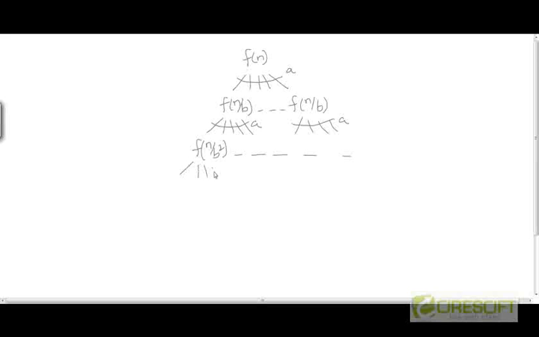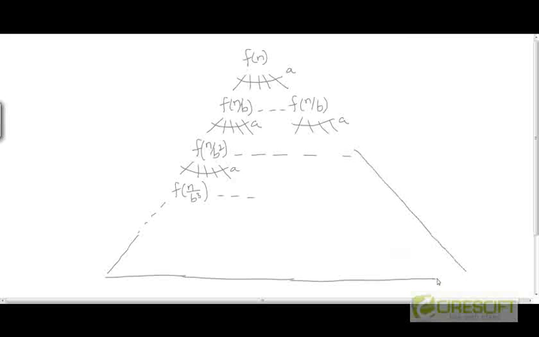And each of these nodes in turn will have A children, f of n by b cube, and so on, until our recursion bottoms out at problems of size 1. So we'll have T of 1 at the very bottom, the bottommost level.